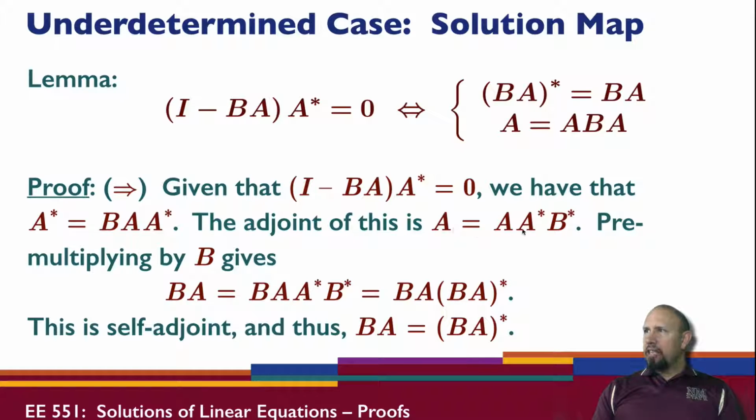So we get A is equal to this. Multiplying this equation through by B, we get A adjoint B adjoint. But A adjoint B adjoint is BA quantity adjoint. So that shows that BA is self-adjoint. Anytime I have a matrix equal to its own adjoint, that matrix itself is self-adjoint. So we have shown this condition: BA is equal to BA adjoint.